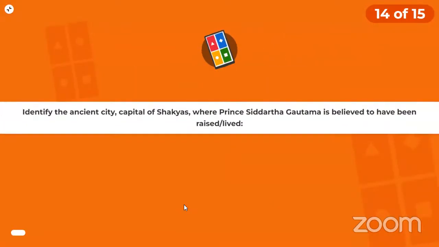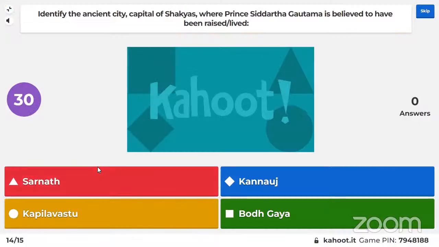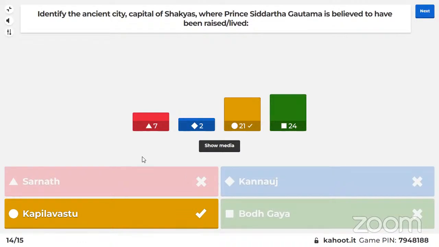Moving on to the 14th question. All right, so identify the ancient city, capital of the Shakyas, where Prince Siddhartha Gautama is believed to have been raised or lived.